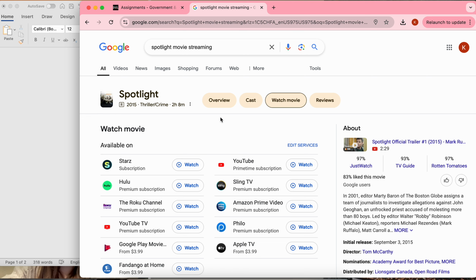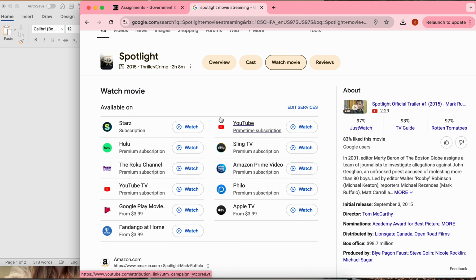I also want you to look at where it's streaming. And if you don't have access to it, let me know, and we can figure out the access part of it. So it's on Starz, Hulu, Roku, YouTube TV, and then a bunch of other, I think you have to rent it on Amazon Prime. So like, if you already have these things, great.